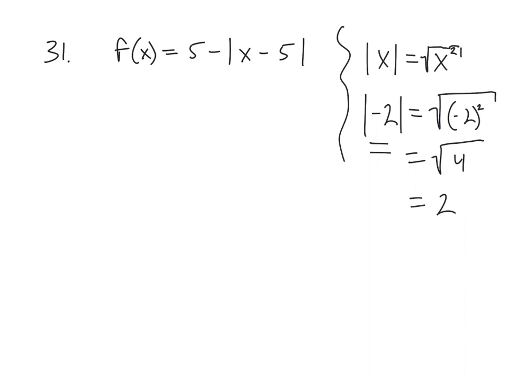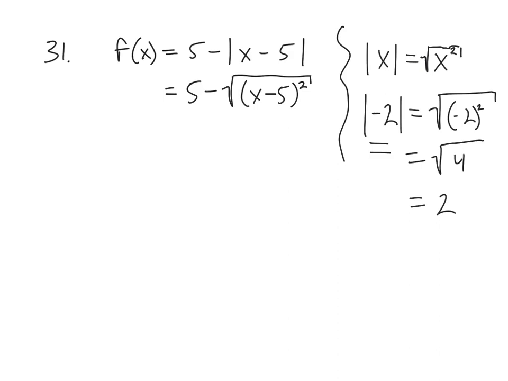So we're going to use that principle to rewrite our absolute value. This function f of x can be written as 5 minus the square root of x minus 5 squared. Okay.